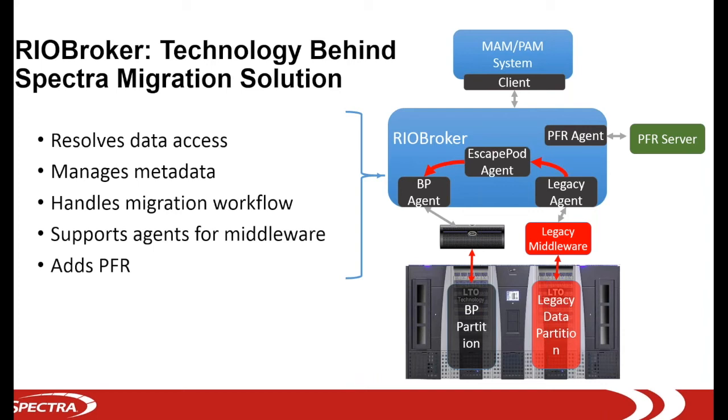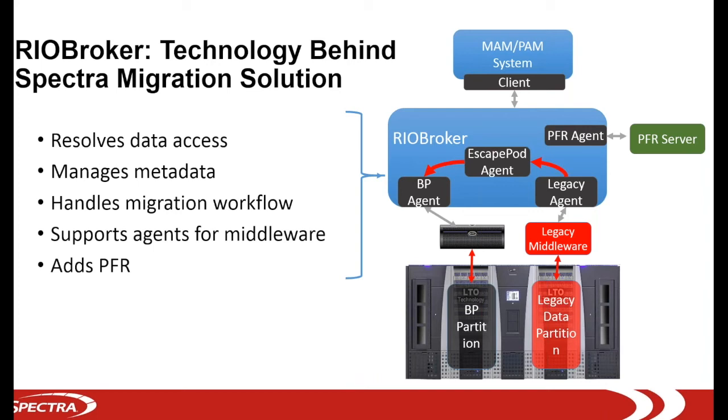So we have what we call the escape path agent, and that escape path agent will actually pull the data out of the legacy system and migrate it into our storage, into the BlackPearl system. The escape path agent, the migration agent, is very configurable. So you can configure things like when you want to do migration, what happens during the migration, right?